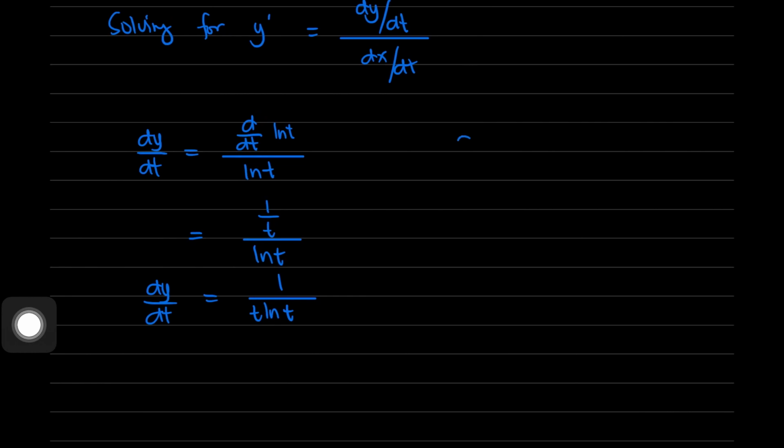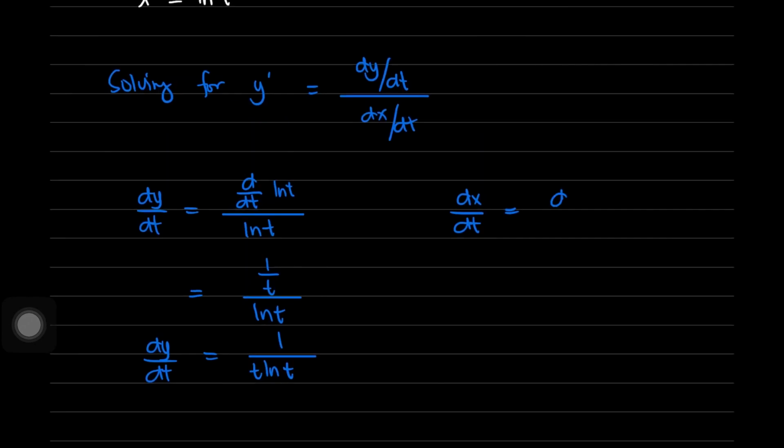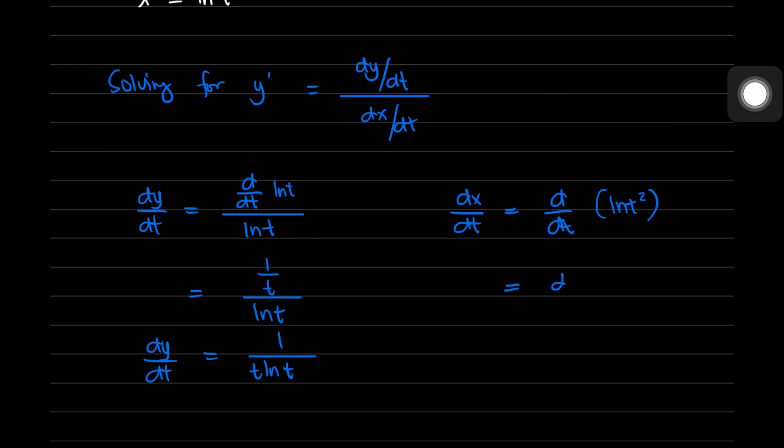And solving for dx over dt, this is now equal to the derivative with respect to t of ln t squared. Now, this ln of t squared, if we're going to apply the property of logarithm wherein this t is raised to a certain value, can be written as d over dt of 2 ln of t.